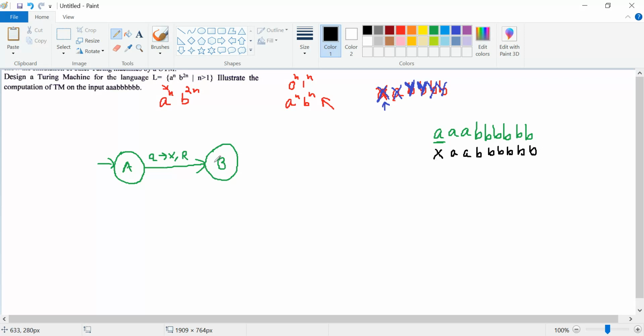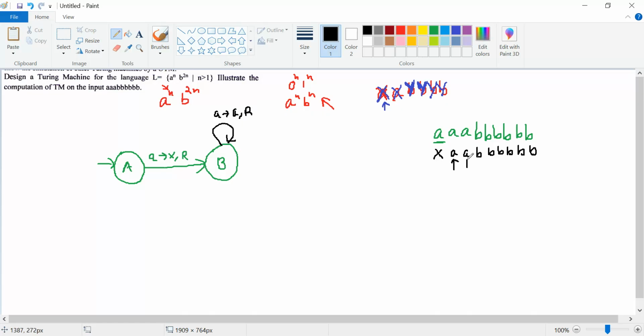Okay. So in this state, on the way searching for B, if we are moving right, then we'll come here, right? So we see an A again. So which means we are not searching for A. So I can just say if I see an A, don't do anything, just keep moving right.